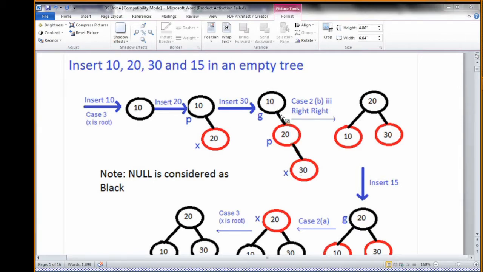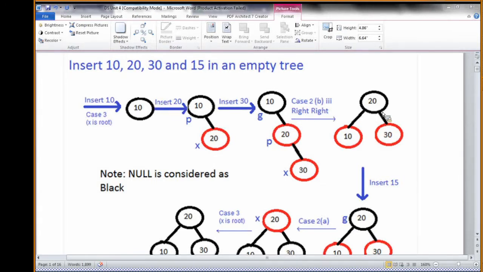But before that, we have to see whether it is satisfying the red black tree properties or not. To make it a red black tree, we do a left rotation so that 20 comes to the 10 place and 10 comes to the left side of 20.